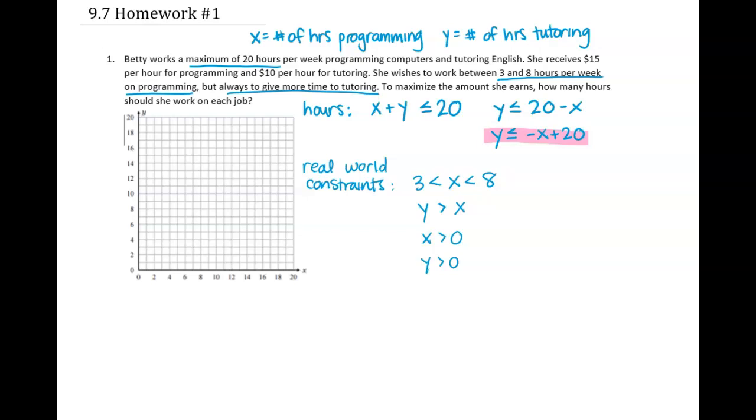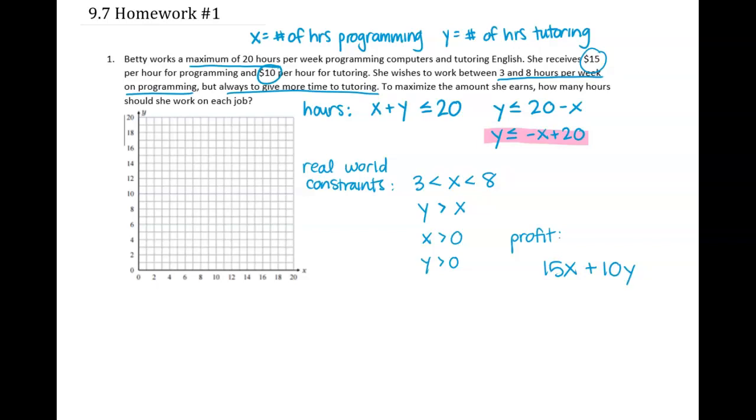And then let's think of our profit. Our profit equation, she receives $15 per hour for programming, so that's 15 times x, plus she receives $10 per hour for tutoring, so plus 10 times y.